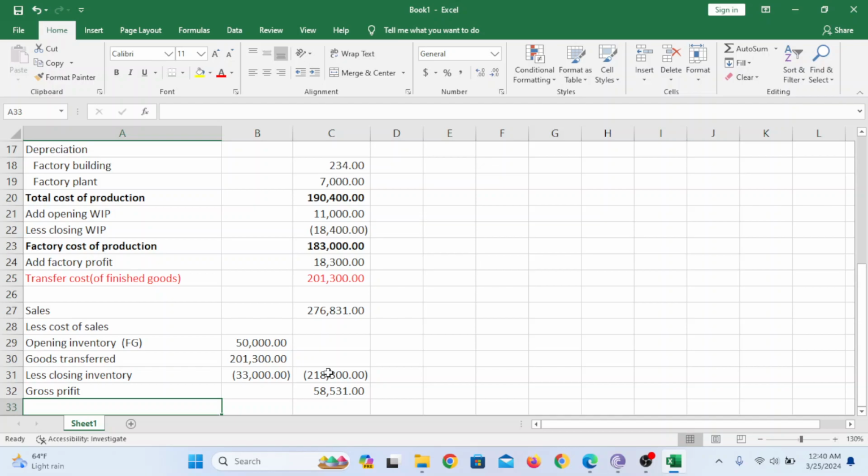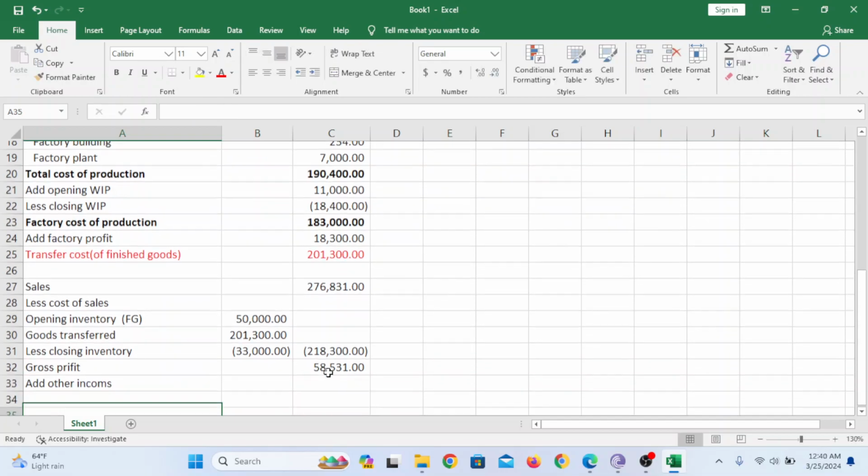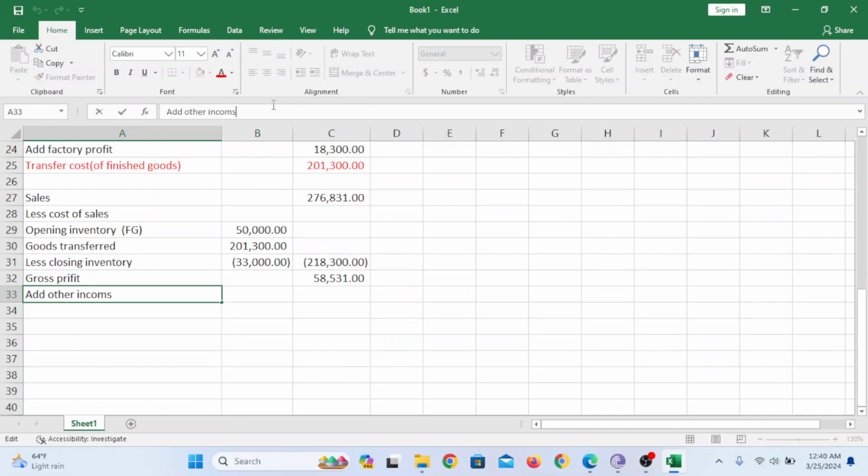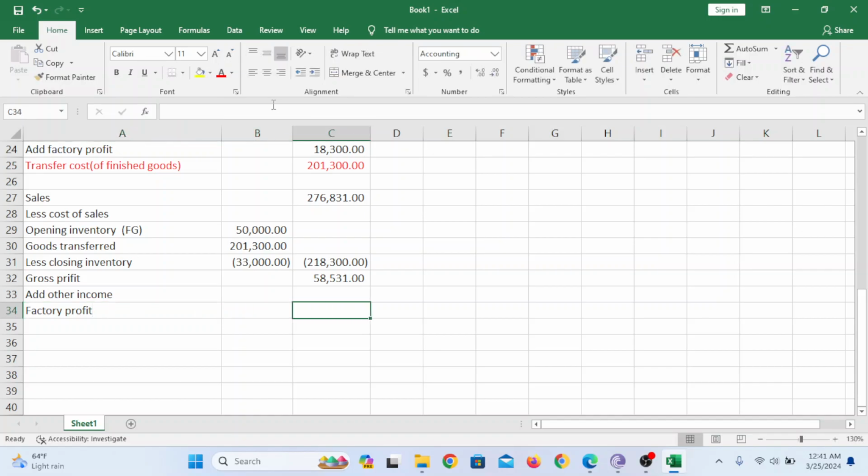Then we need to add other incomes here. So the first income that we need to add is the factory profit. So I'll pick it direct.